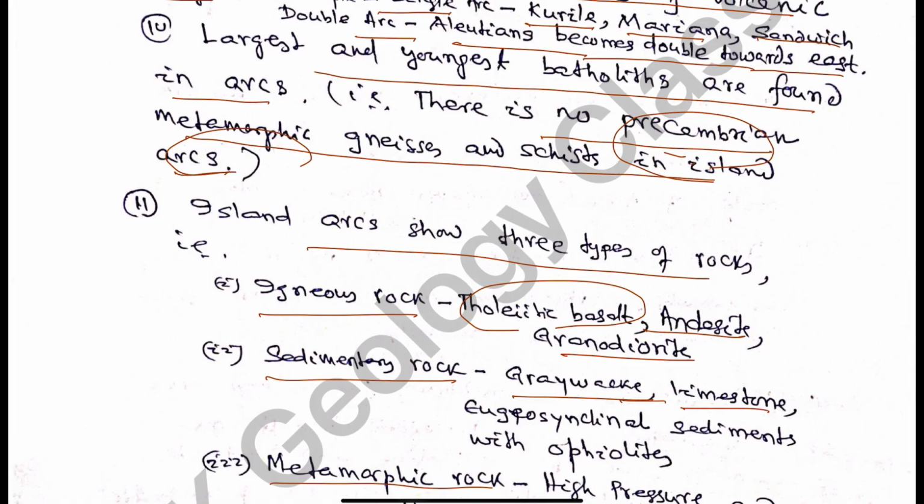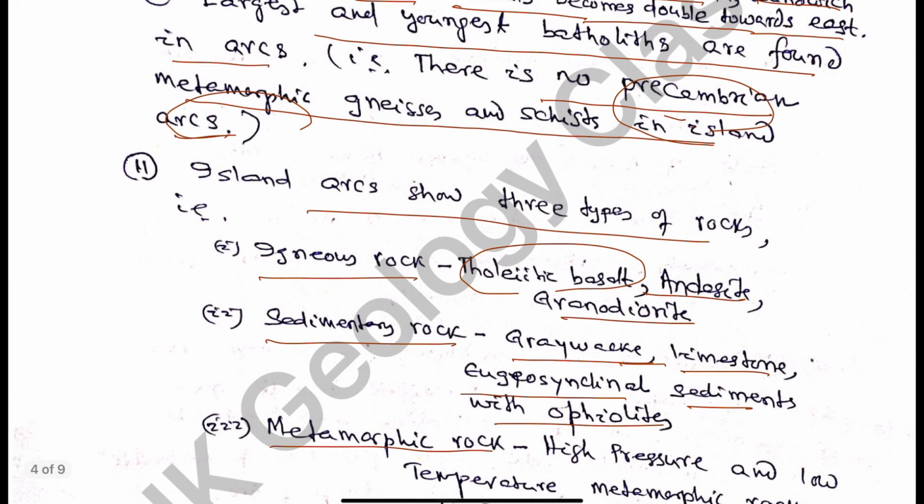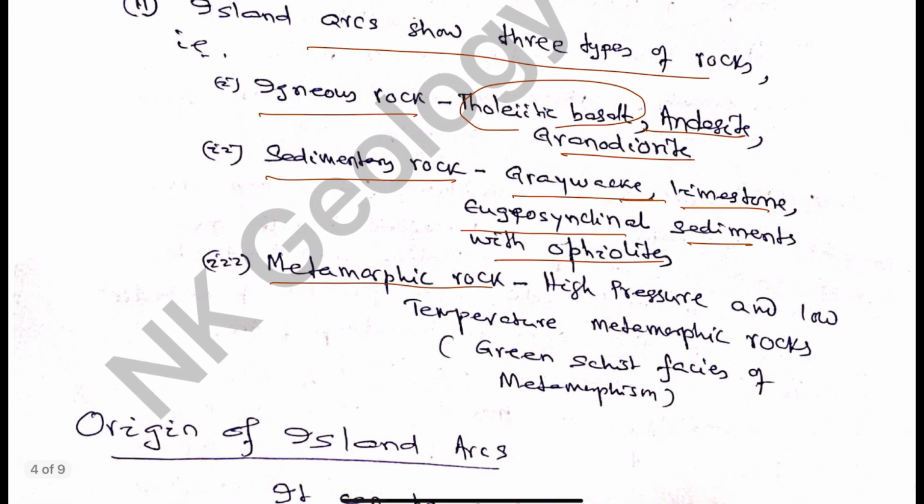There may be graywackes, limestones, huge geosynclinal sediments with ophiolites, and also there is formation of metamorphic rocks, which are high pressure and low temperature metamorphic rocks associated with the island arcs.